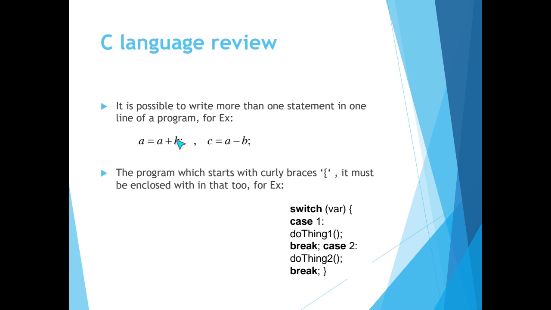And the other command is C is equal to A minus B, for example, again using a semicolon. As you see, we can write more than one statement in one line of our program, the first statement and the second one, but by using a semicolon after each of them.